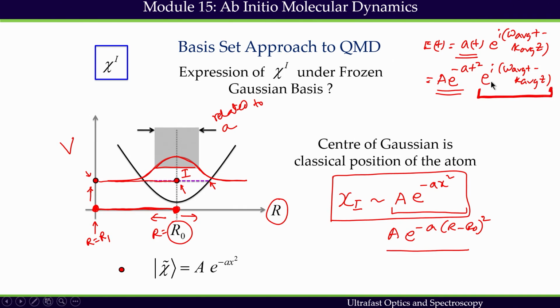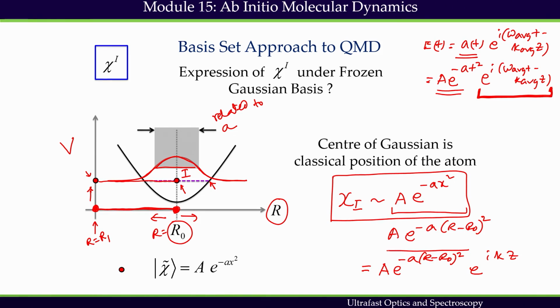So in the space domain, if we want to express it as a propagating traveling wave, then e to the power minus a (r minus r naught) whole square, which is a Gaussian function, has to be multiplied by e to the power i k z.